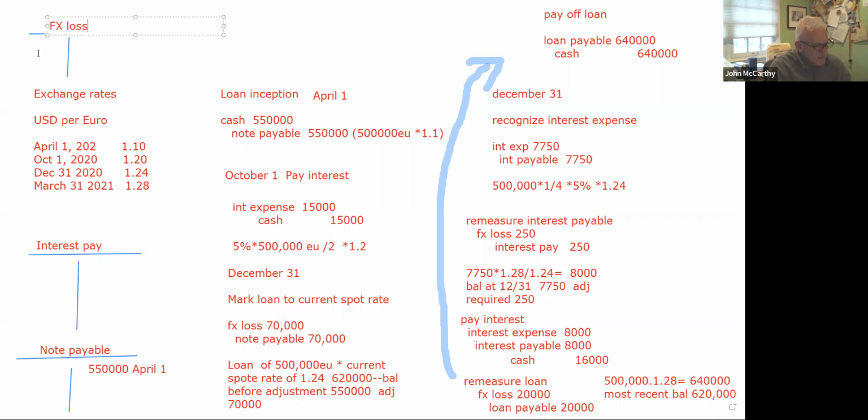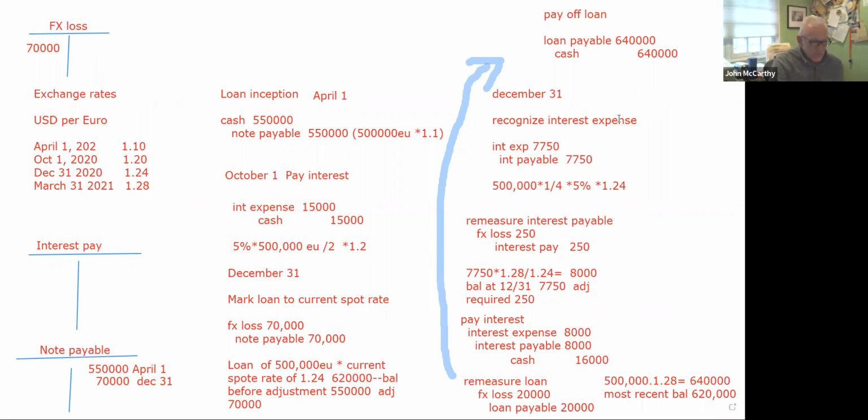So debit 70, and credit the note payable to mark that to the current spot rate, or market. Really, the current spot rate, and that's December 31.